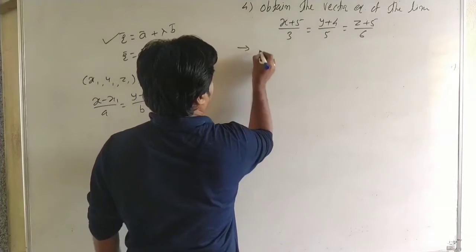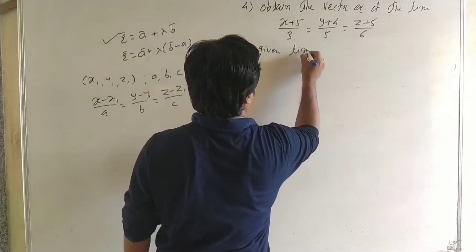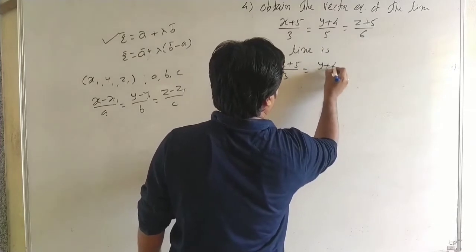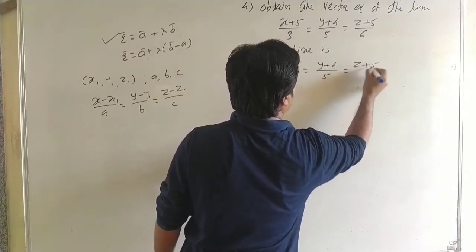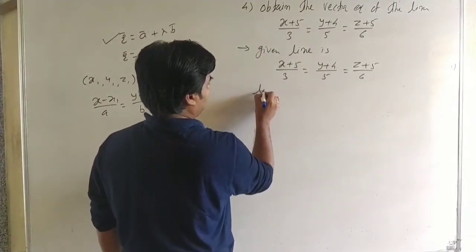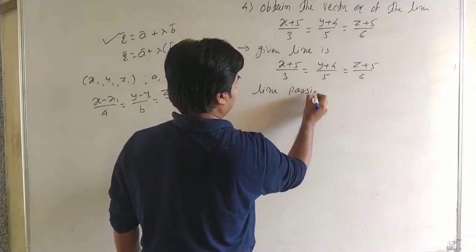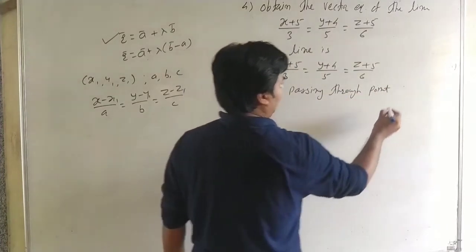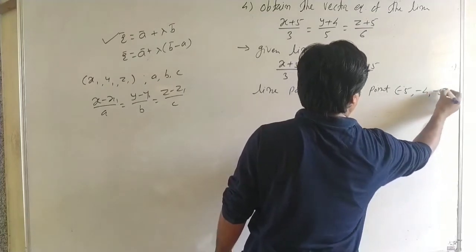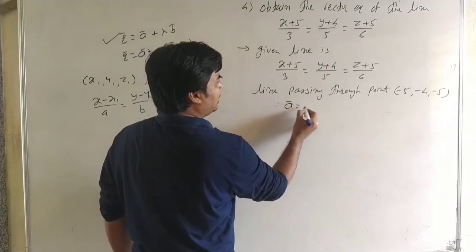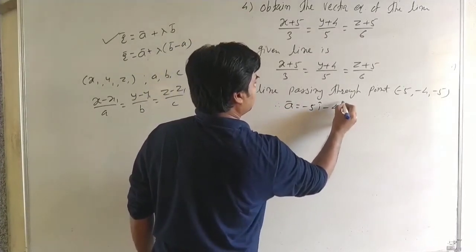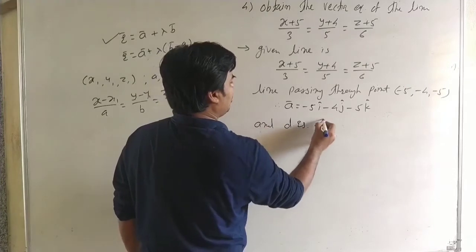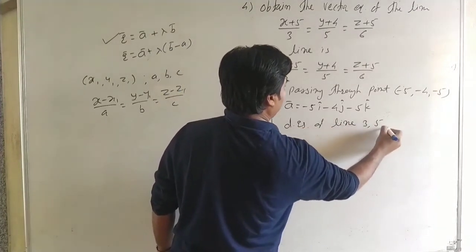Now the given line is (x plus 5)/3, (y plus 4)/5 and (z plus 5)/6. Therefore the line passes through the point (-5, -4, -5). Therefore we can write a bar is equal to -5i cap, -4j cap and -5k cap, and the direction ratios of the line are 3, 5 and 6.